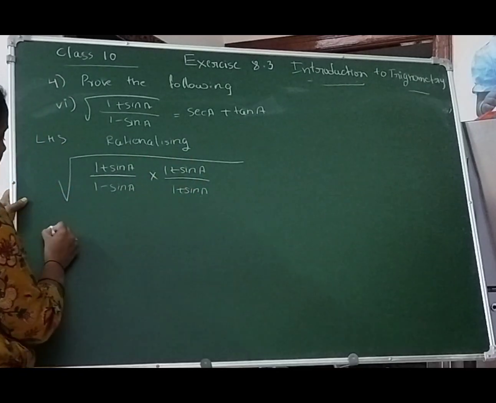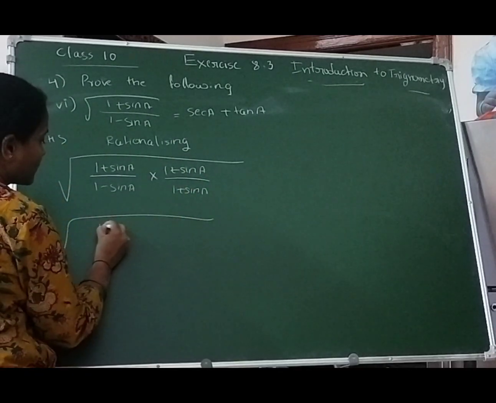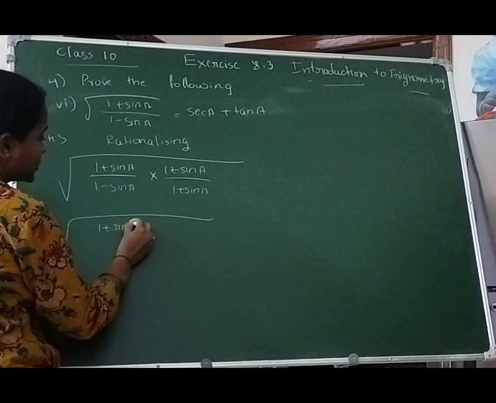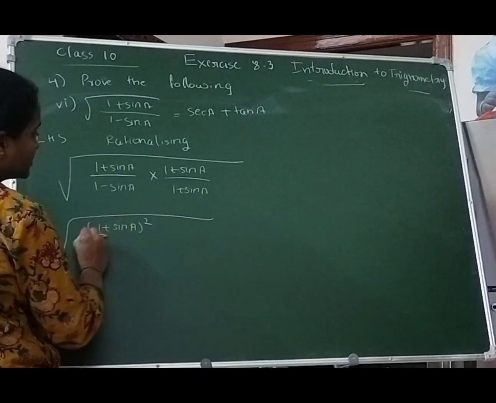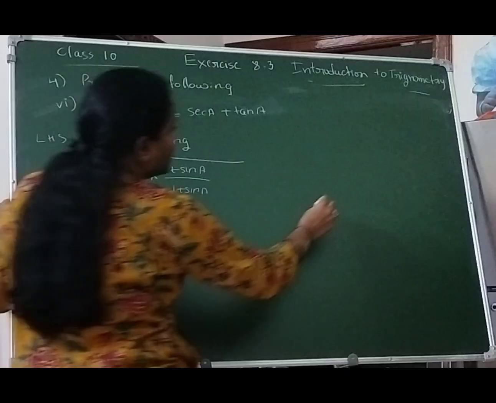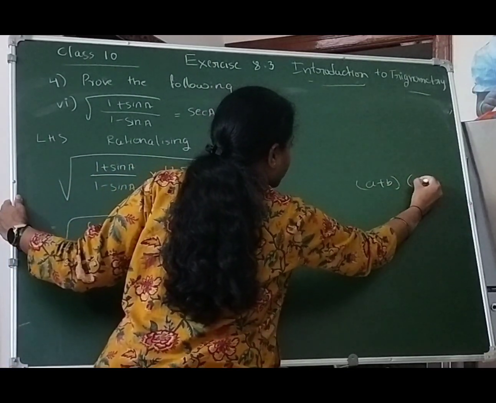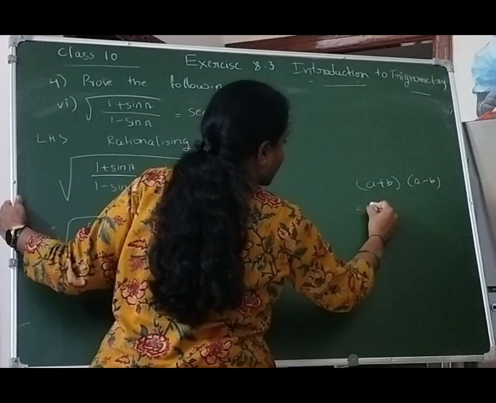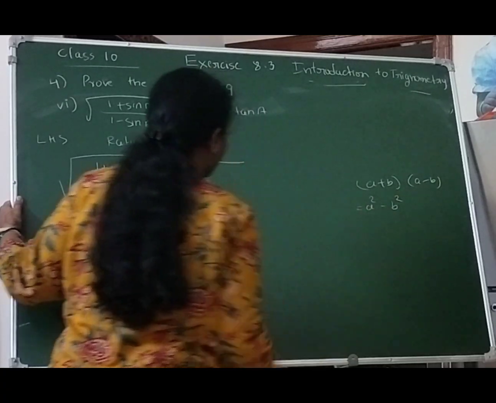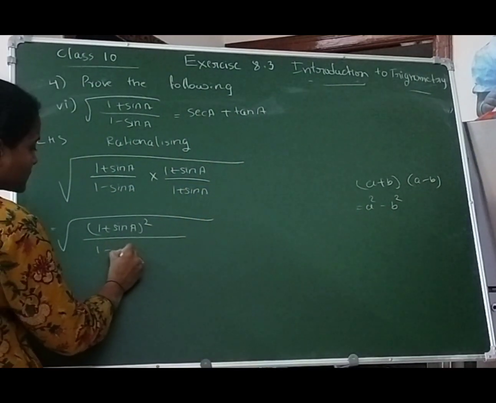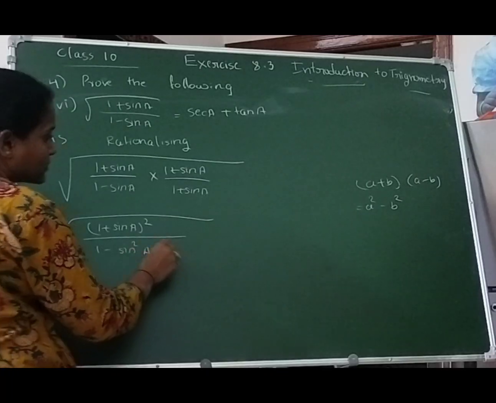So the numerator will become √((1 + sin A)²), right? When you observe the denominator, it is in the form of (A − B)(A + B), which is equal to, we know, A² − B². So it will become 1 − sin² A.